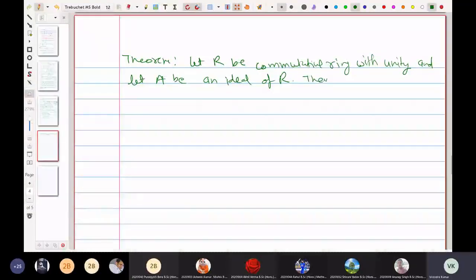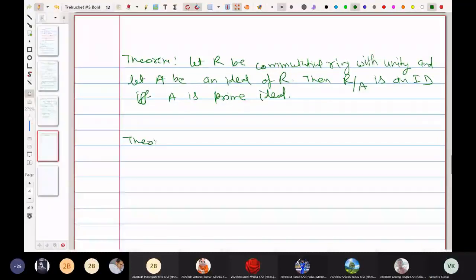Then the factor ring R by A is an integral domain if and only if A is a prime ideal. The next theorem is talking about the maximal ideal.